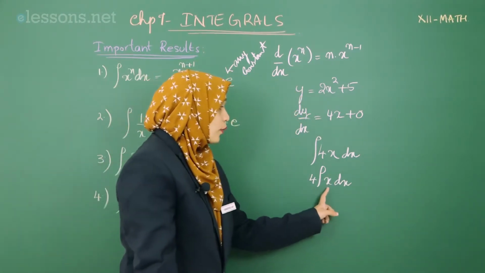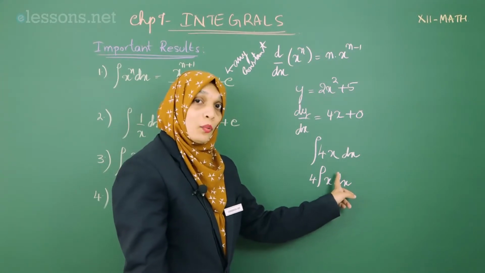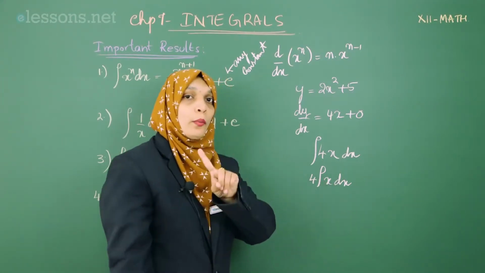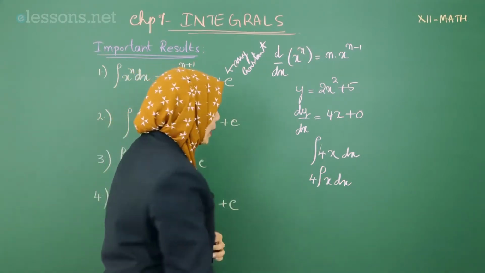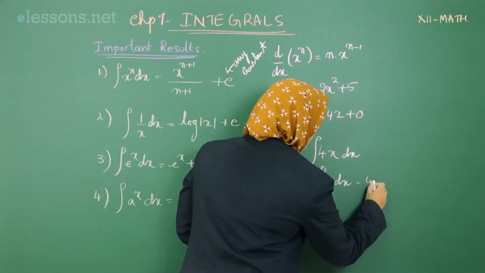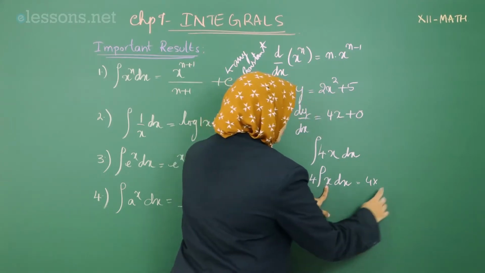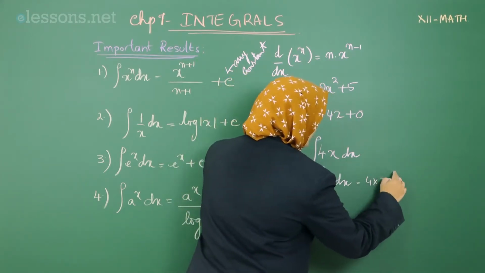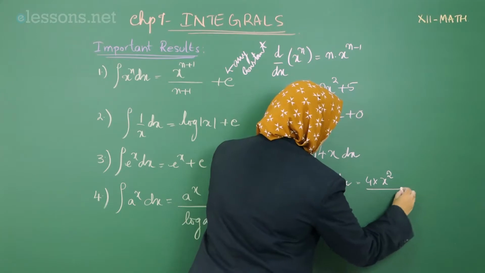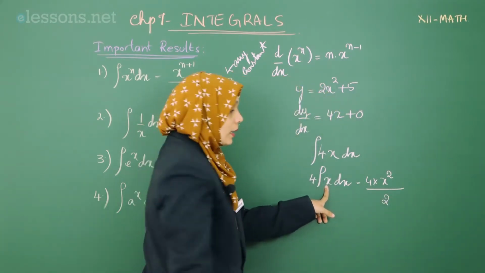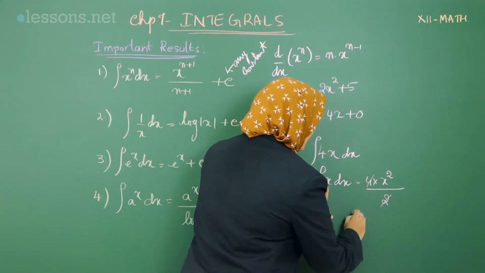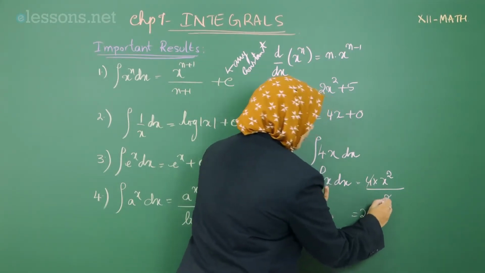Now it is of the form x to the power n, because it has the power 1. If I apply this formula, I get 4 into x to the power n plus 1, which is 2, divided by 1 plus 1, which is 2. Now this and this will cancel, and I just get 2x square.